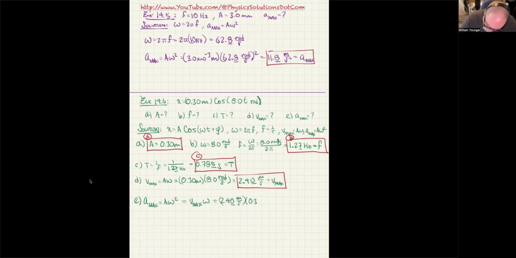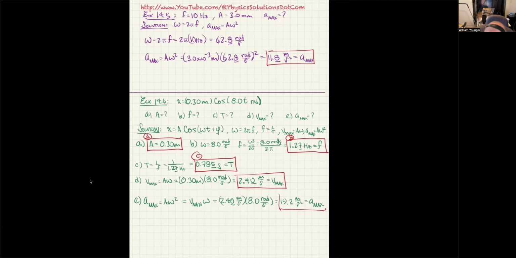No, that was the amplitude. It's 8.0. So 2.40 times 8.0 radians per second. 8 times 2 is 16. 8 times 0.4 is 3.2. So 19.2, and that's meters per second squared, and that's our Amax.